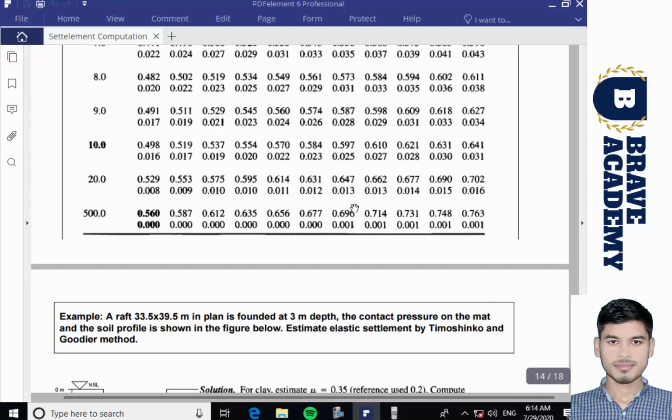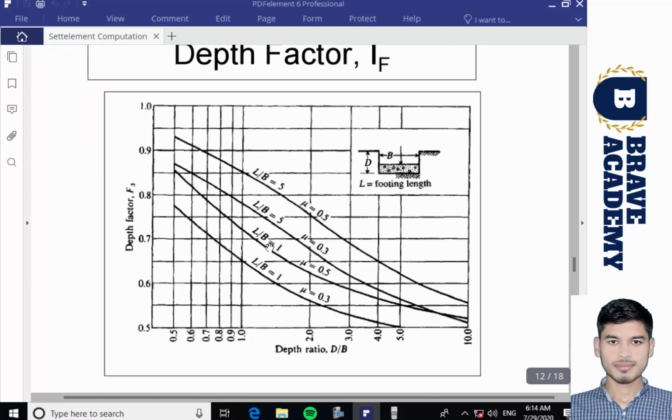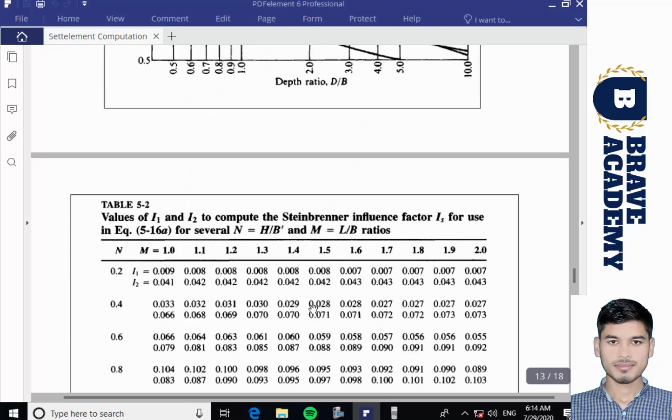You can calculate it by this graph. Depth factor is a function of the ratio of D by B, L by B and the Poisson's ratio. You can see that when D by B is 0, the depth factor is 1, and 0.09 is a very small value, and he used the depth factor as 0.95.